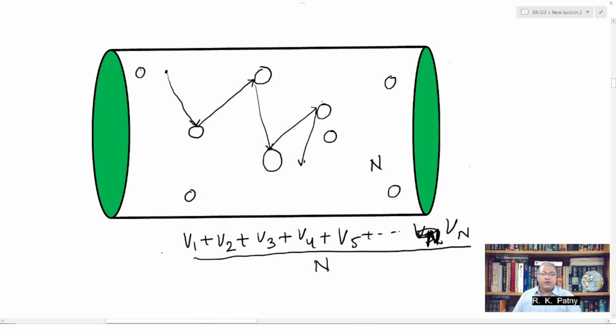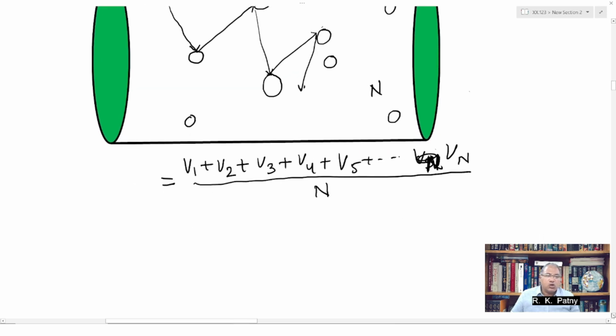So this will give you the average velocity of the electrons. In short form, in the summation form, this can be written as summation from i equals 1 to n of vi, multiplied by 1 upon n. Here we generalize, so we write i. This gives you the average velocity of the electrons.